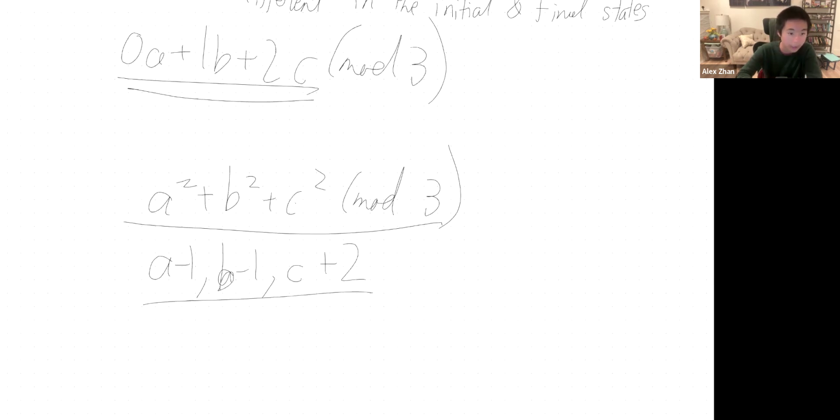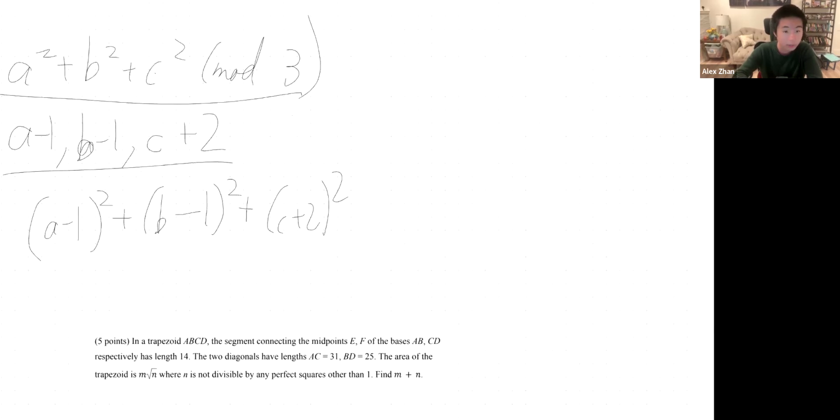So why don't we evaluate it with these new values? A minus 1 squared plus B minus 1 squared plus C plus 2 squared. This is equal to A squared plus B squared plus C squared minus 2A minus 2B plus 4C plus 6.